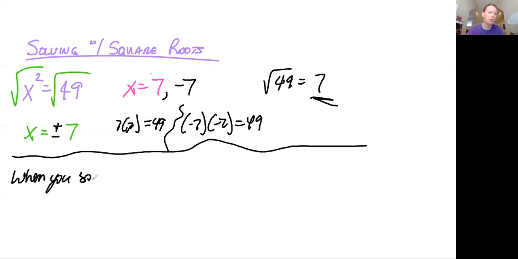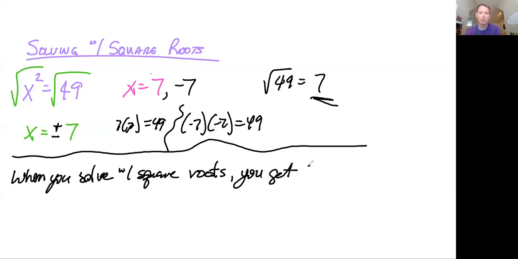Okay? So the moral of the story is, when you solve with square roots, and by that I mean by taking a square root, you get 2 answers.